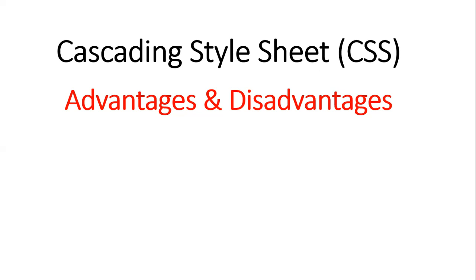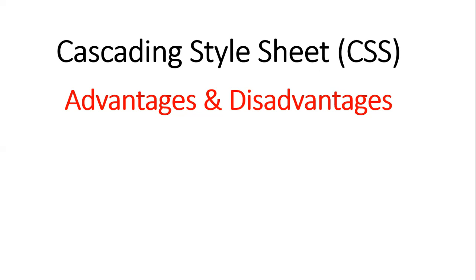We also have some disadvantages, like inconsistent browser support, meaning in different browsers, just like Google Chrome, Internet Explorer, Mozilla Firefox, the commands or output may differ in every web browser. So it is the main drawback, or you can say shortcoming, of CSS.